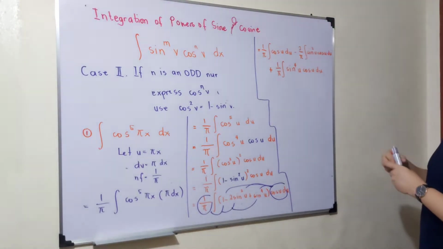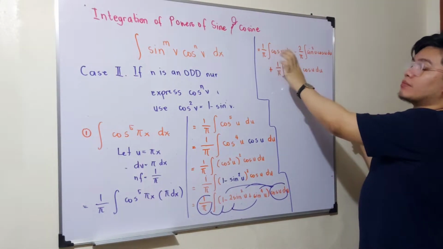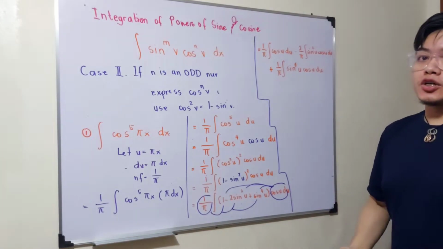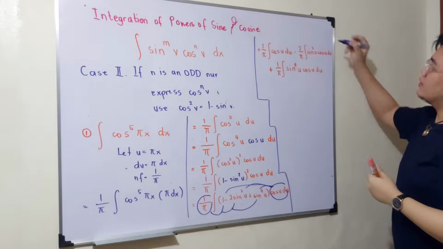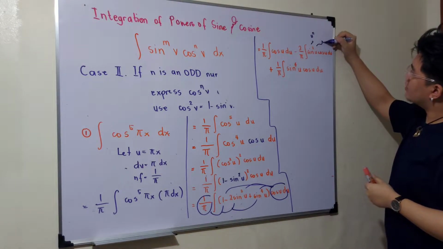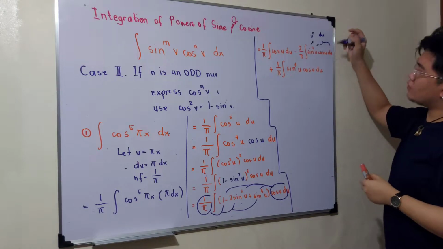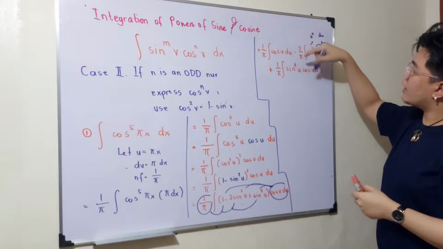Okay. Itong first term, direct formula yan from integration of trigonometric functions. Tapos ito naman, power formula. So ito u raised to n du. So representation lang to guys ha. Tapos ito rin.